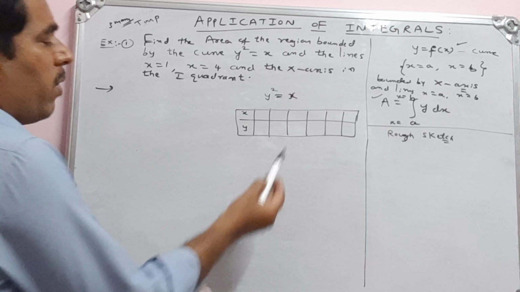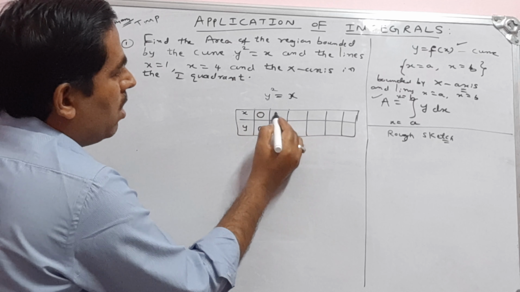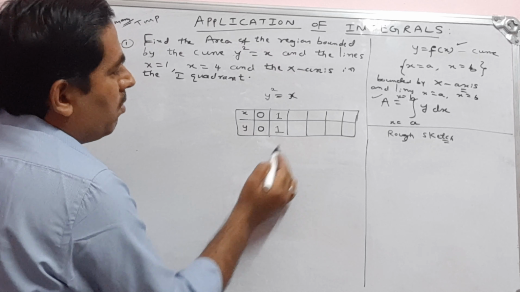If y is equal to 0, then x is equal to 0 square, that is 0. If y is equal to 1, then x is equal to 1 square, that is 1. If y is equal to minus 1, then minus 1 whole square means 1, so the value of x will be 1 only.